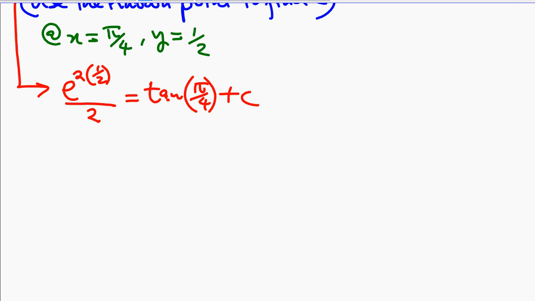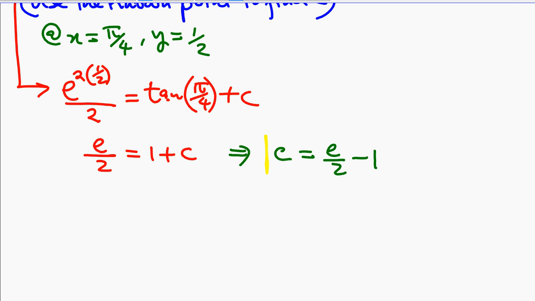So that means we'll end up with e over 2, now tan pi over 4 is just 1, plus c, and this implies that c will be equal to e over 2 minus 1. All right. So c is that.